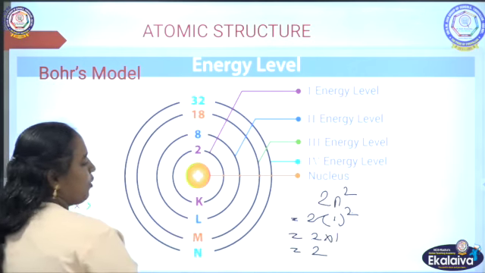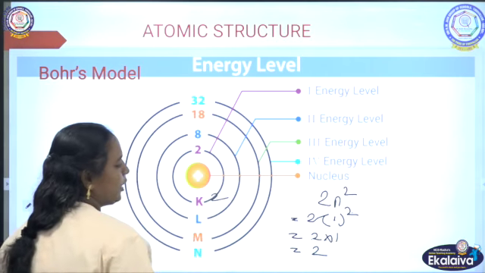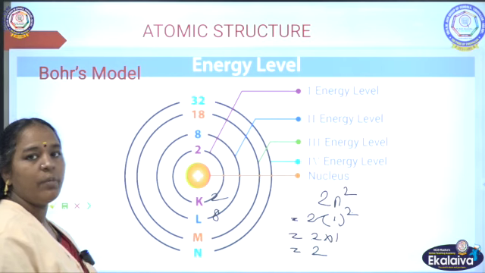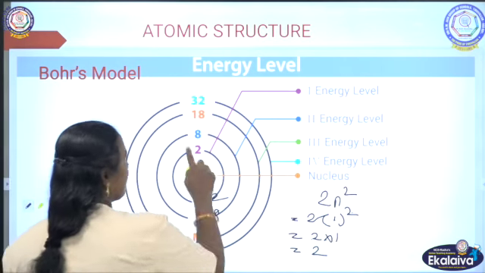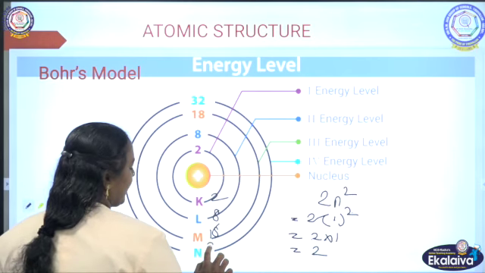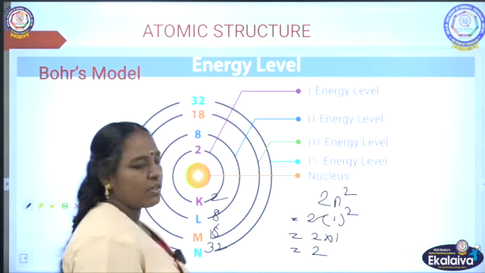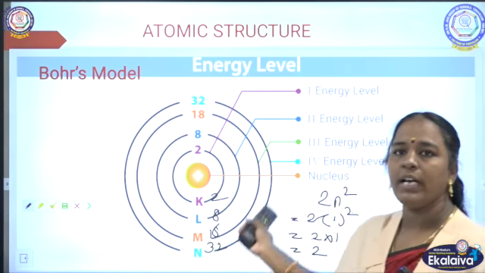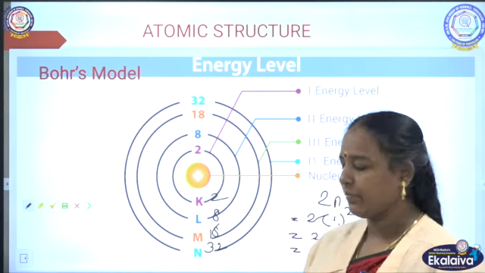The K shell occupies 2 electrons. The L shell occupies 8 electrons, the M shell occupies 18 electrons and the N shell occupies 32 electrons. When you apply this formula 2n square, you can know how electrons are occupied in the different shells.